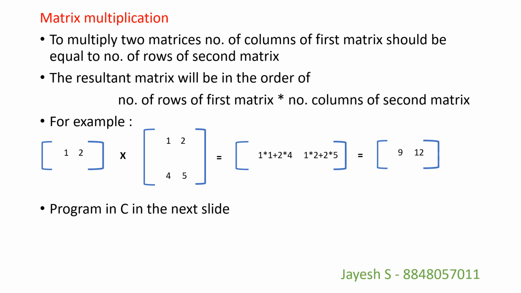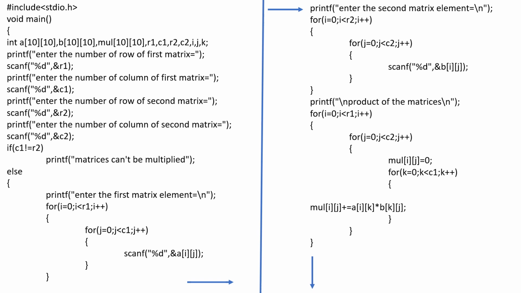We will see how the C program is written to perform matrix multiplication. In the C program, first we are declaring two matrices with maximum rows and columns, and the resultant matrix is also declared.